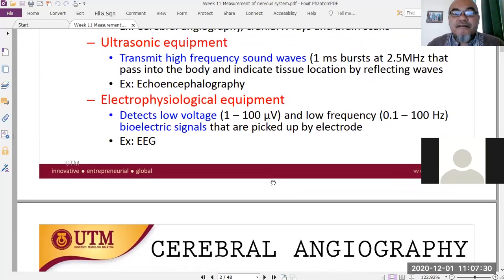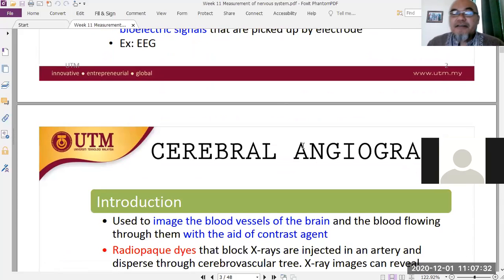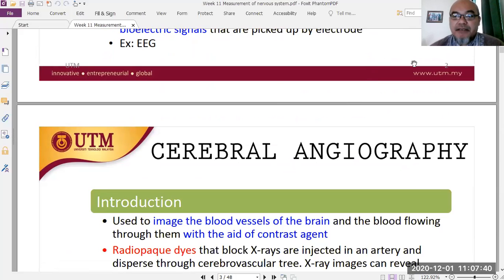Okay, so EEG. Even though previously most of its application was for diagnostic purposes, now it also spreads to, for example, BCI, brain-computer interface, used to interface our brain with other devices or with our environment.